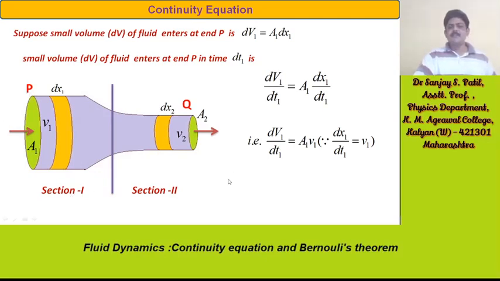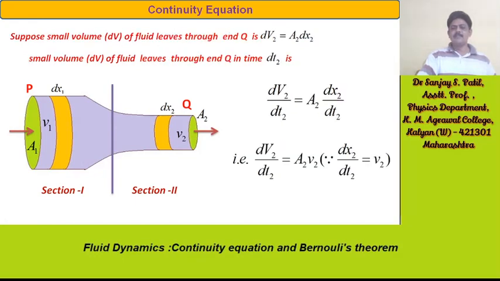So this is about section 1 and end P, how fluid molecules enter inside this pipe from end P and leave from end Q through section 2. Suppose small volume dV of fluid leaves through end Q, dV2 is equal to A2 dx2.